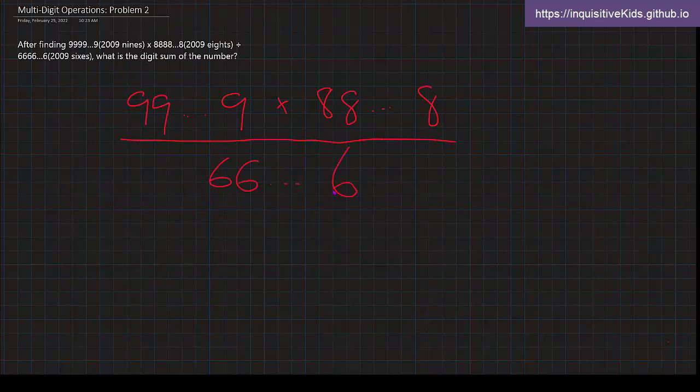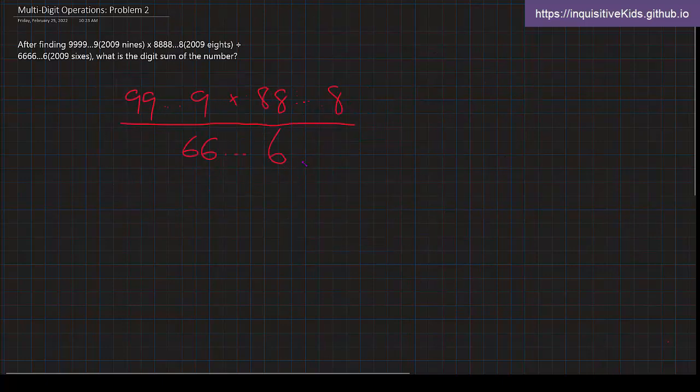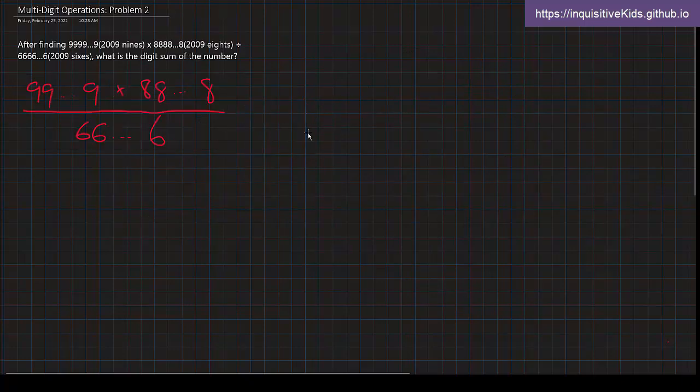Now, you might be asking me the question, why aren't you using the division symbol? Why are you writing it in fraction form? Why are you stacking them? It's a good thing that you noticed, because the reason I am writing it in fraction form is to make this simpler.